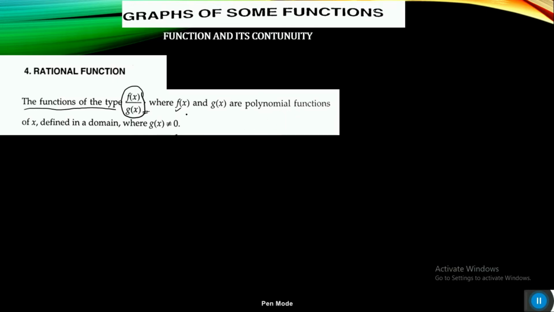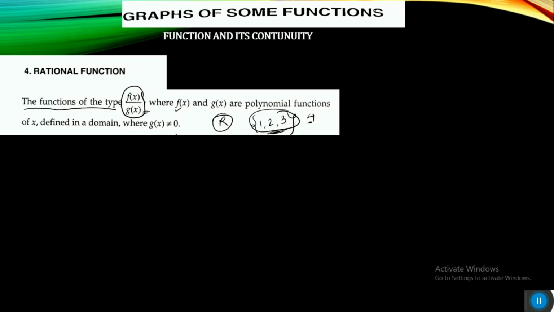So where f(x) and g(x) are polynomial functions of x defined in the domain. Defined in the domain means the value which you take should not be a complex number. It should be, suppose if I take R, then it should be a real number. If I take this set 1, 2 and 3 as your domain, you cannot take 4 in the function because 4 is not in your domain.